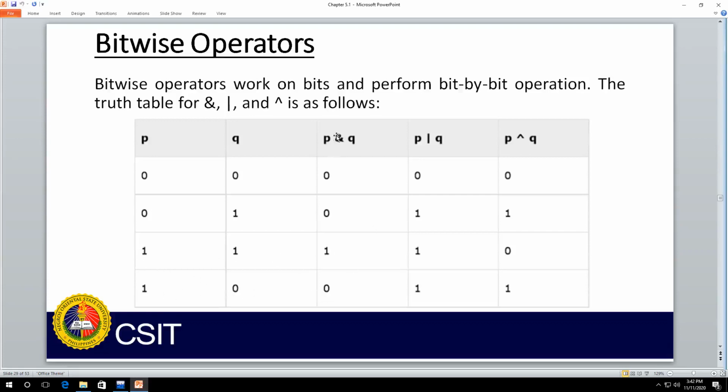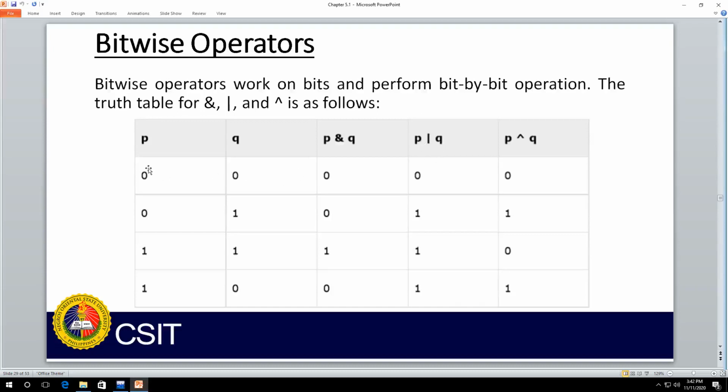So if you use bitwise AND, if one is 0, it will give you 0 as a result, like this one. 0 and 1 is 0. 1 and 0 is 0. So if either variable is false, it will give you false directly. As for OR, you have this one, p or q.